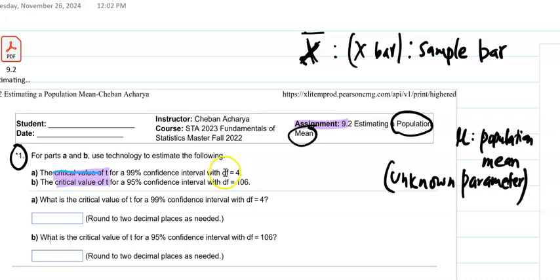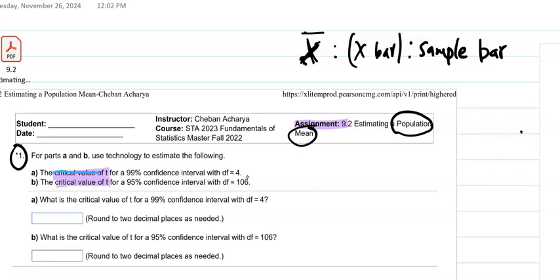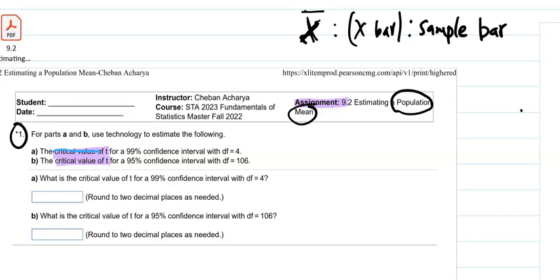DF stands for degree of freedom, which is one less than sample size. So let's talk about the first question, and I'll do the second one.